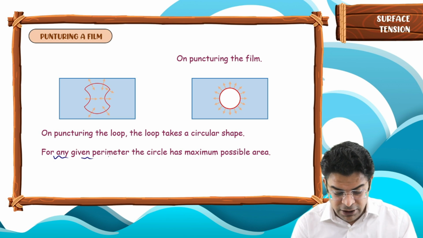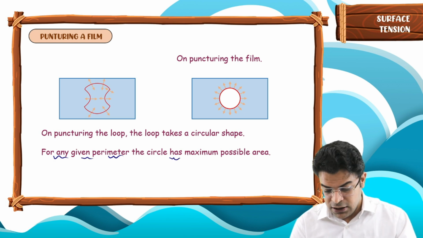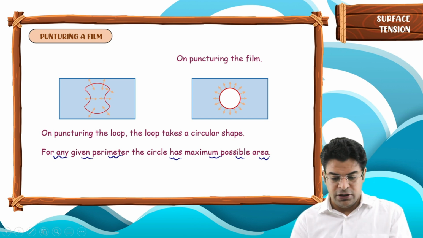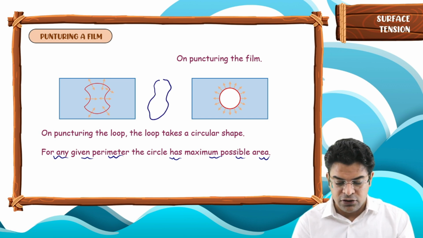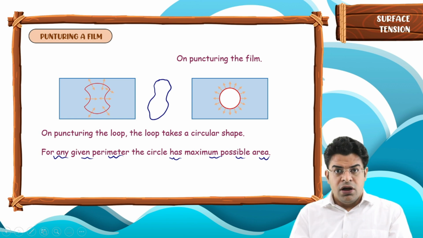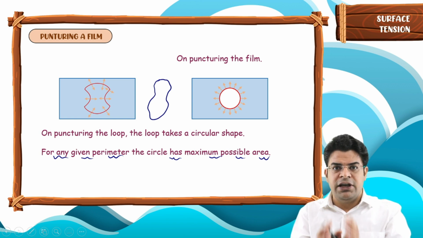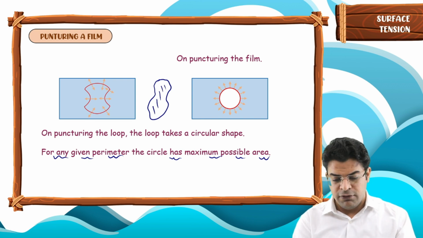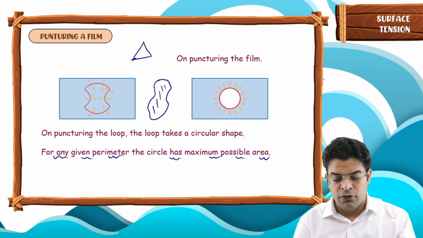For any given perimeter, a circle has maximum possible area. If I give you a particular length of loop and ask you to reset this loop in such a way that the area enclosed by the loop should be maximum, you will give it a triangular shape, a rectangular shape, or a circular shape.